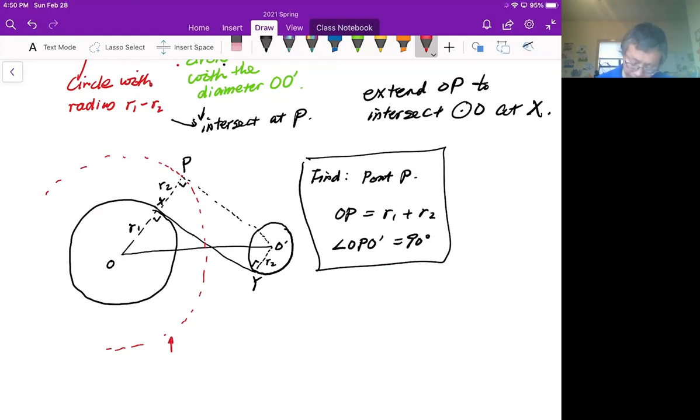So this is a circle of radius R1 plus R2. Okay, that's a red circle. And then I'm going to draw the green circle. What's the green circle? It's similar to the above. I want to draw a circle with O and O prime as a diameter. So the green circle will be something like here, right?